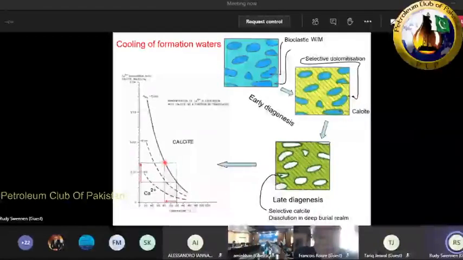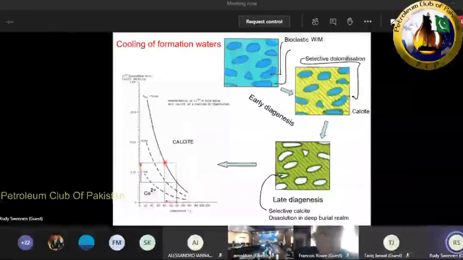It depends obviously on the water composition and on a number of parameters like pH and so on, but it's a quite important process. So if you have water at high temperature in equilibrium with calcite and you can bring it to a lower temperature, you have the potential to create some secondary porosity. So that's the story of this bioclastic wackestone to mudstone.